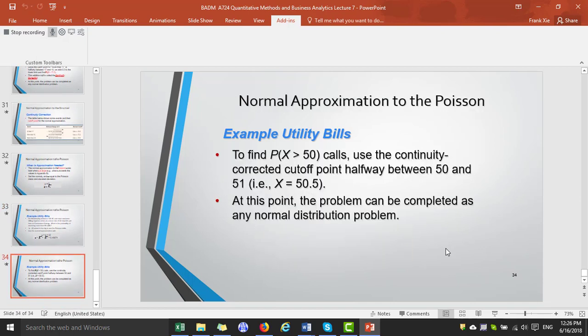And to find the probability of more than 50 calls, remember the continuity correction? We should use a cutoff point halfway between 50 and 51. In other words, we can use 50.5. Then use that to calculate the z-score, and then go to C1 or C2 to find the probability. At this point, the problem can be completed as any normal distribution problem.